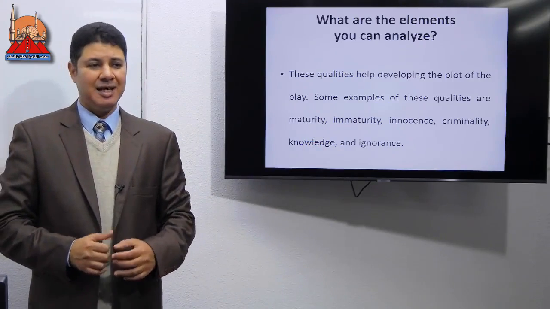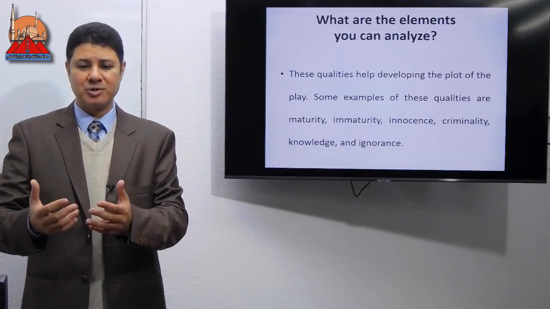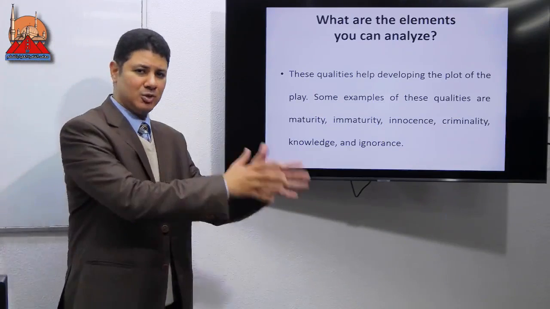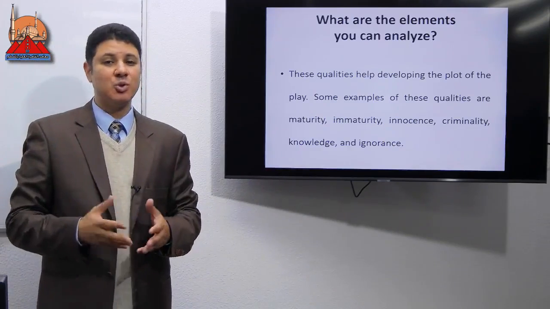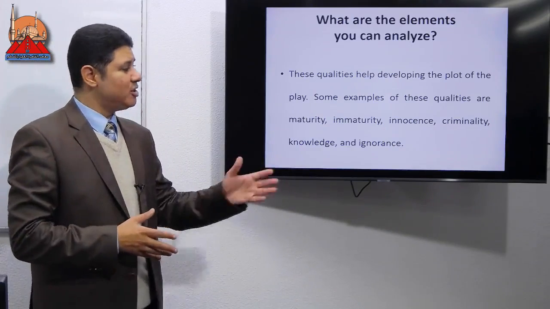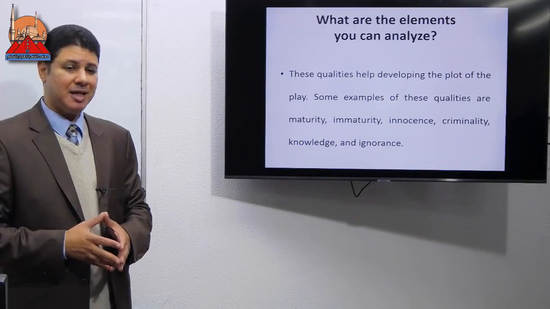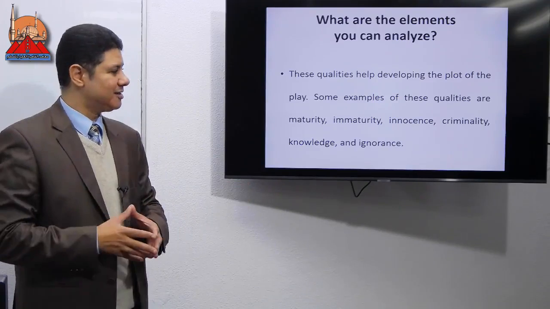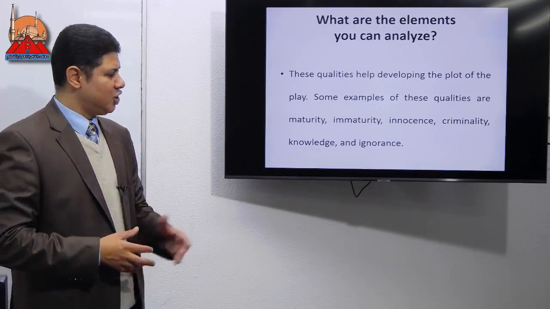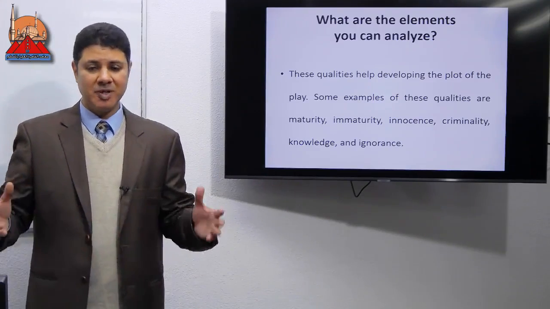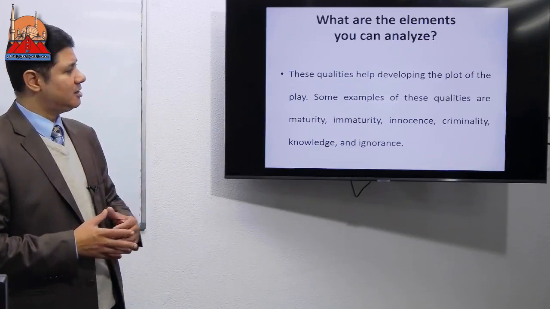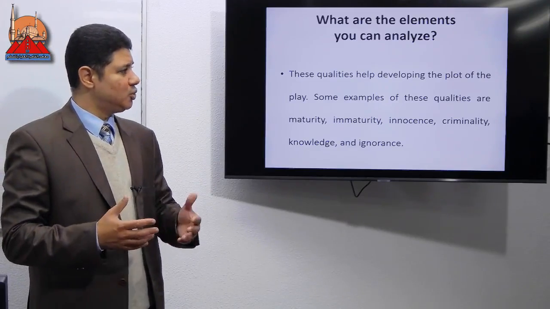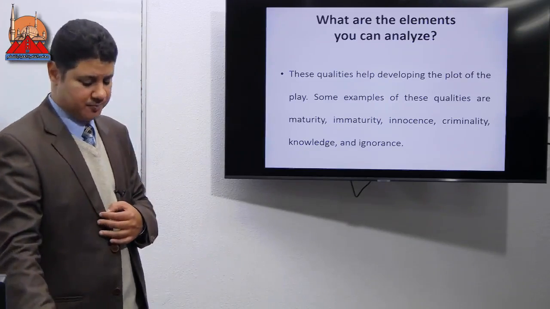So, I'm supposed to take a certain action, but unfortunately, I take another one because there is no reason. Innocence. I am as innocent as a newly born child. Criminality, knowledge, and ignorance. All these are a number of qualities given to characters.